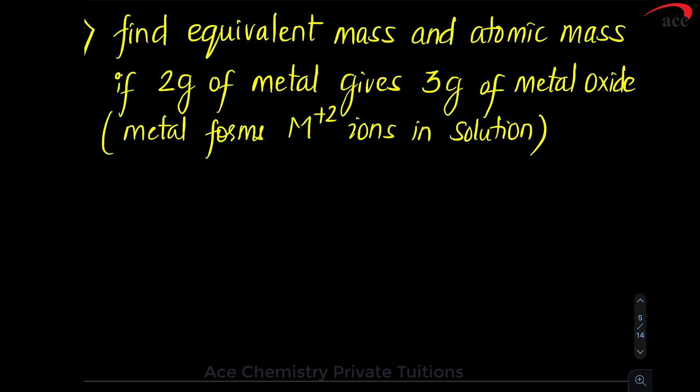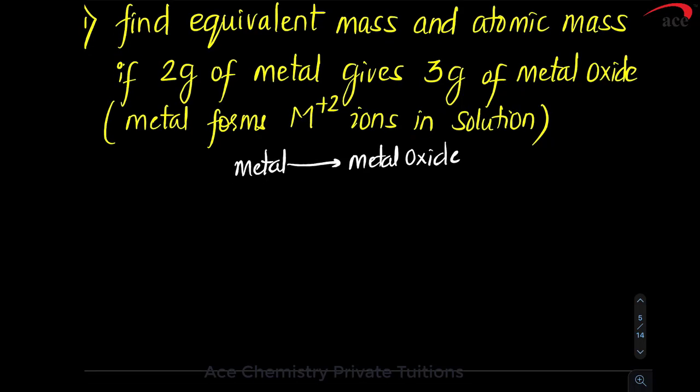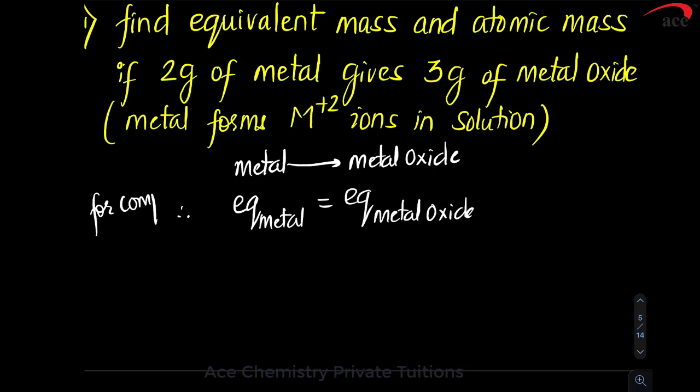Check this numerical. Find the equivalent mass and atomic mass if 2 gram of a metal gives 3 gram of metal oxide. Can I say metal gives metal oxide? Next, can I say EQ of metal will be equal to EQ of metal oxide?